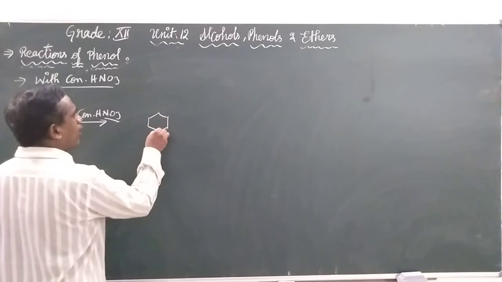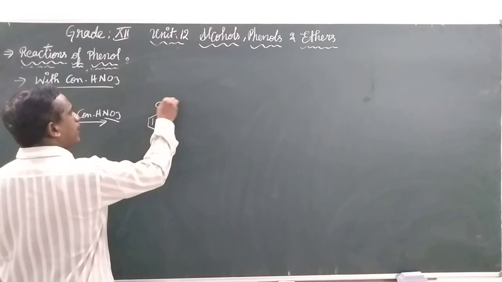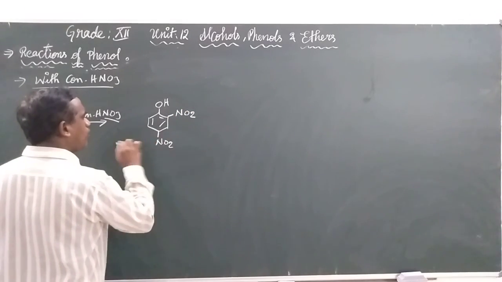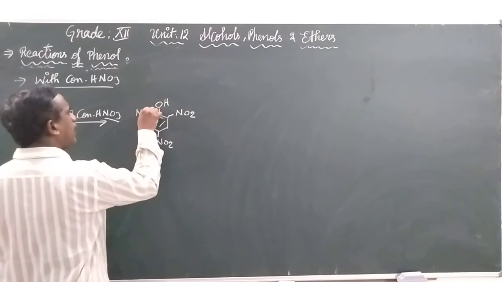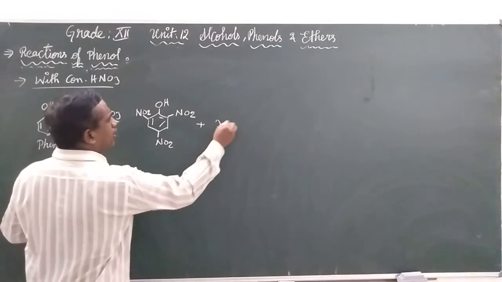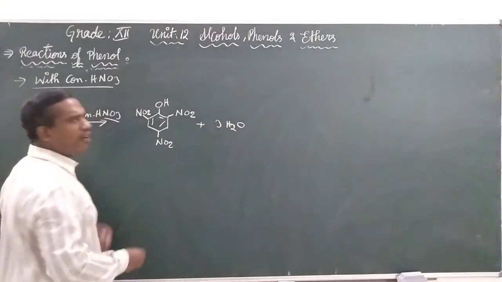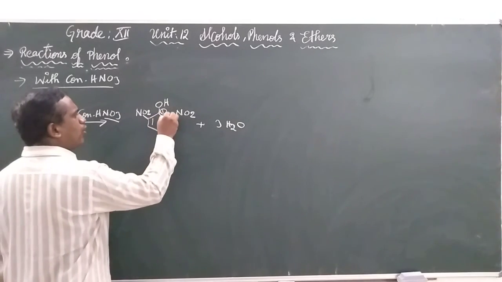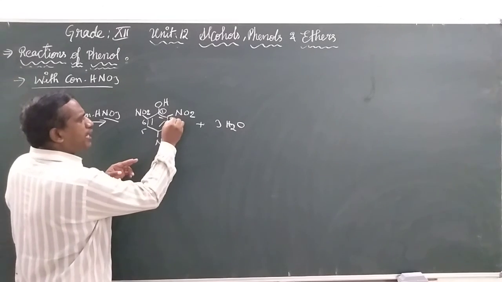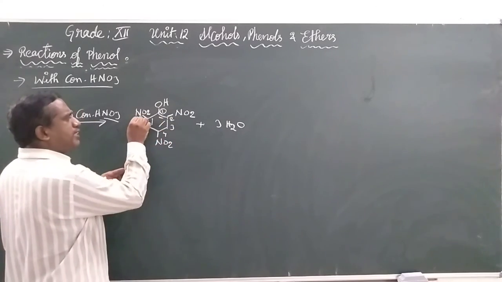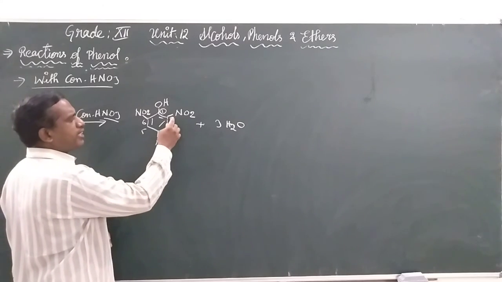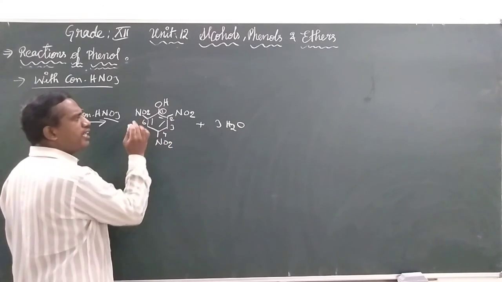Those 3 nitronium ions will react on the phenol at ortho, para and the other ortho position. The remaining group of atoms form 3 molecules of water. So the phenolic OH is at the first position, and the nitro groups are at the second, fourth and sixth positions.